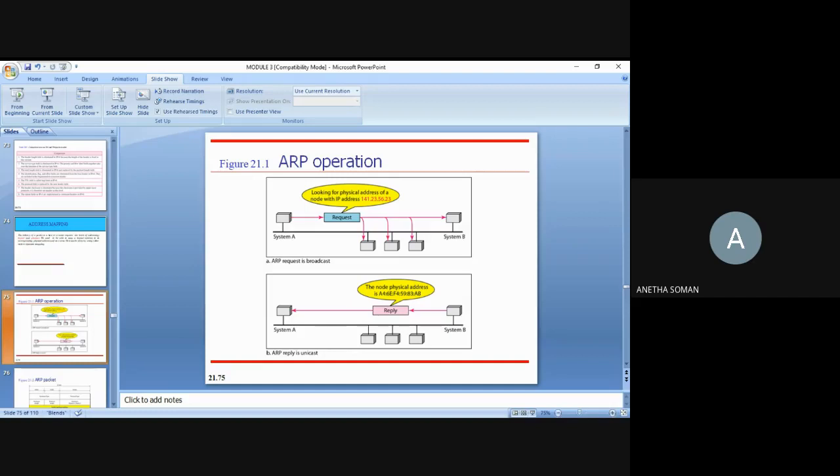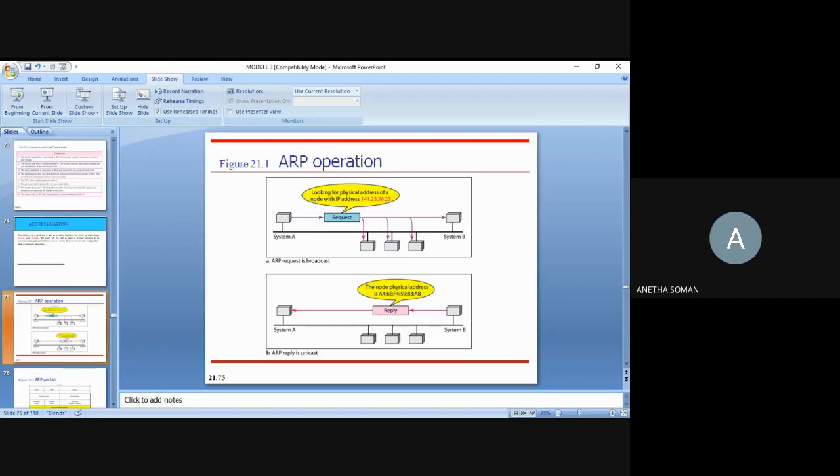Whoever recognizes that this IP address belongs to them will respond with a reply message, which consists of the physical address of the receiver. That is how ARP functions. So the ARP request is a broadcast and the ARP reply is unicast.